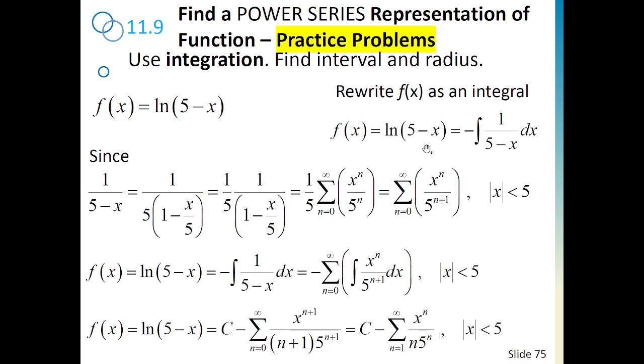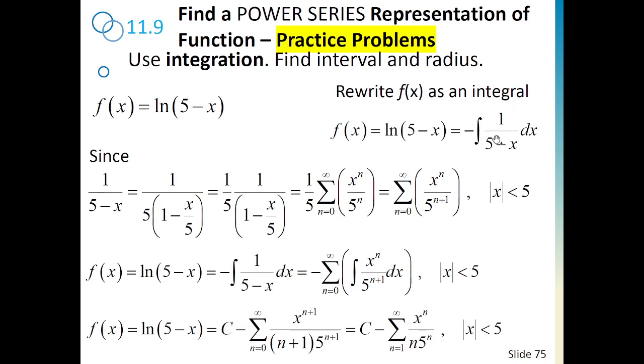So now if I differentiate this thing, I'll get 1 over 5 minus x times minus 1, right? And if I integrate that part, I'll get ln. So basically I differentiate and then I know that the integral is equal to this.